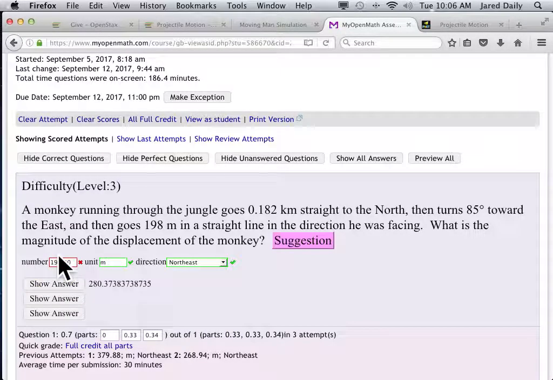So we should get 182 plus the other one, it's 198, plus 198 times, and then we want sine 5 degrees, right?